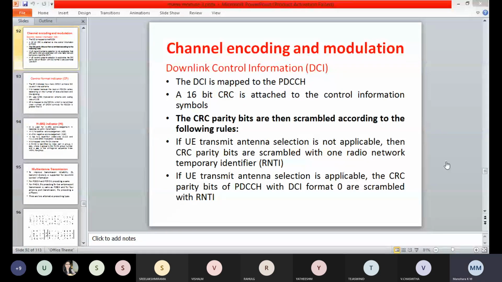The PDCCH is located in the first N OFDMA symbols of each subframe in the downlink control channel.